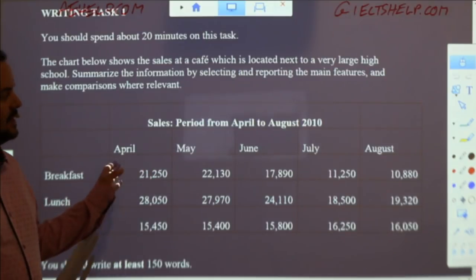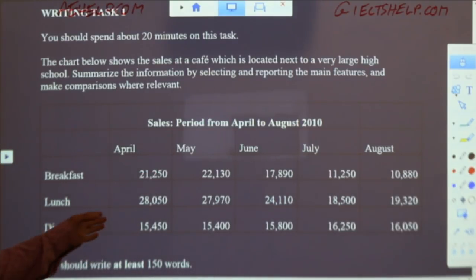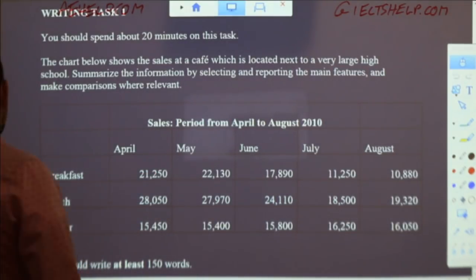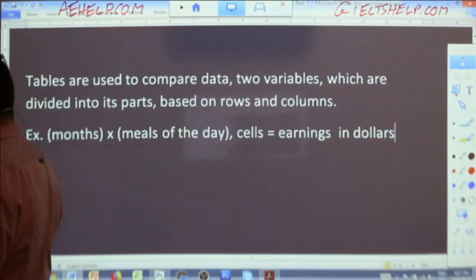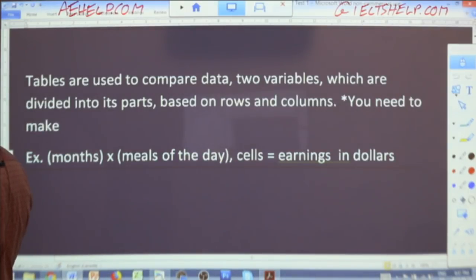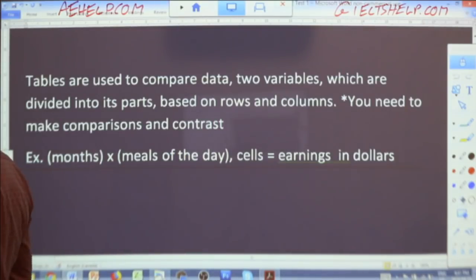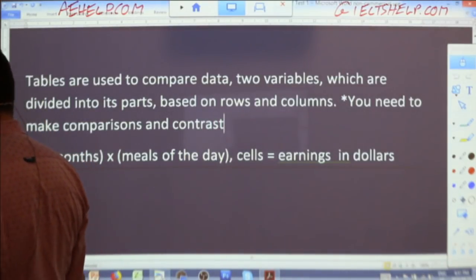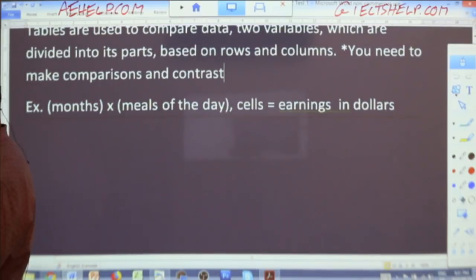We know that for tables, we need to make comparisons and contrasts, okay? That is definitely the key to getting a high score for this, right? So you need to make comparisons and contrasts, similarities and differences between that. All right, now we can begin writing.